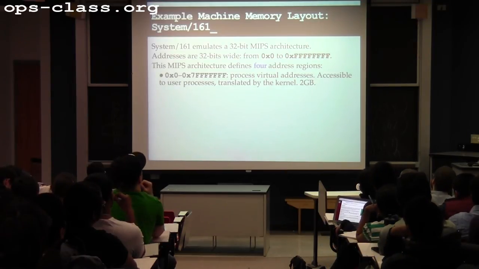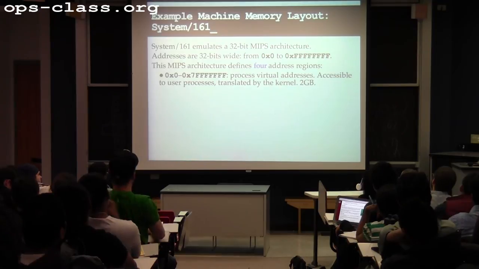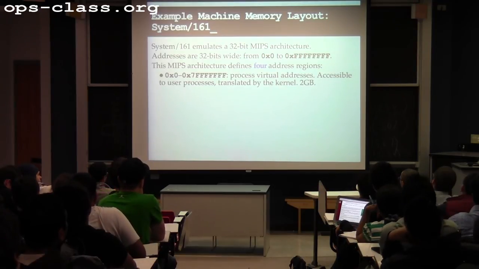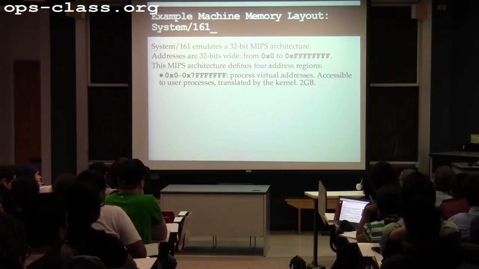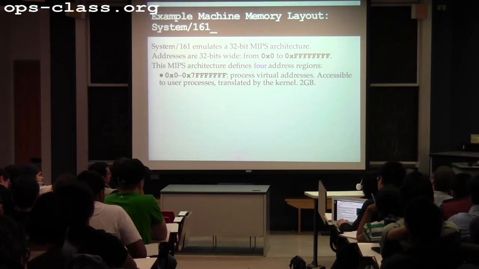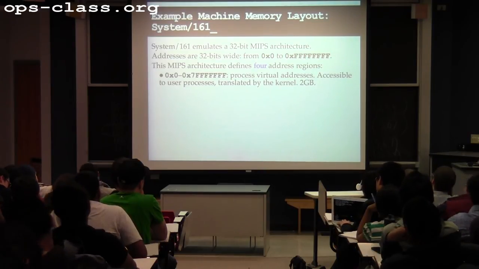And so at the time, setting up 2 gigabytes for process virtual addresses was probably seen to be an enormous amount, right? A 2 gigabyte address space, wow, thank you, kernel. Like, all this memory just for me on a 2 megabyte machine. So that was the thinking at the time, right?